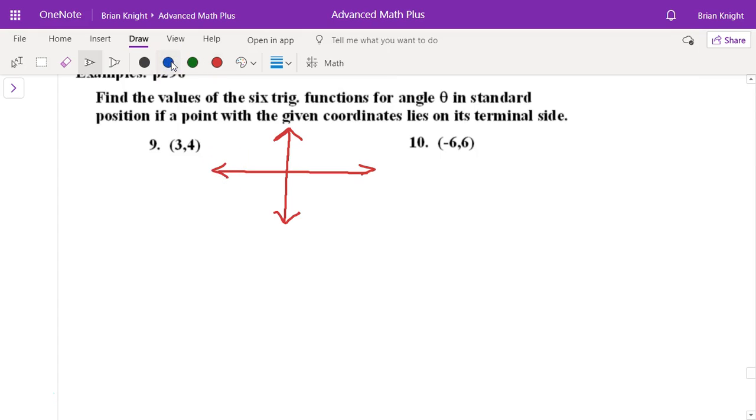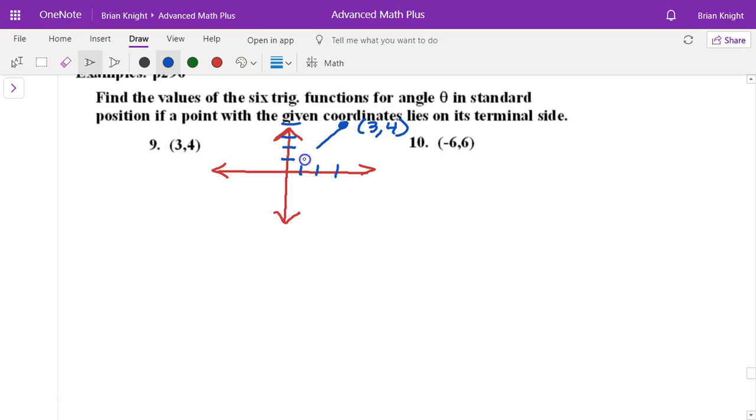Where is (3, 4)? What quadrant? It's in the first one. So I'm going to come over here 1, 2, 3, and go up 1, 2, 3, 4. Draw my point. There is (3, 4). Make my triangle.